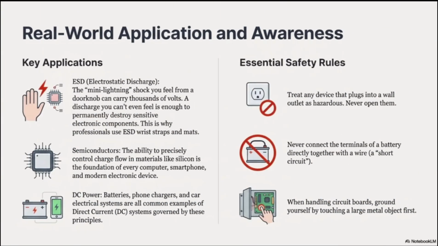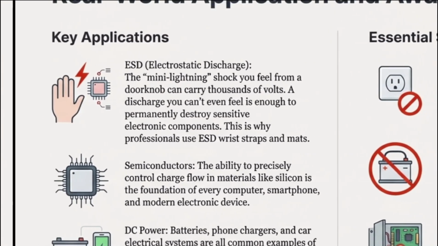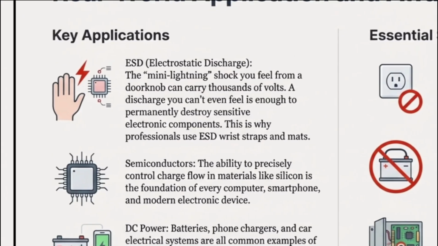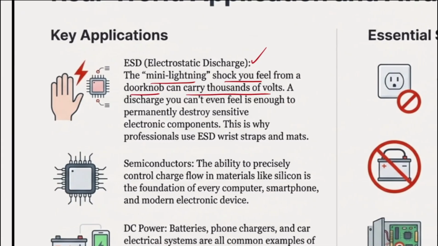Let's talk about a real-world application and some awareness. The key application is what we call electrostatic discharge. What does that mean? The mini lightning shock you feel from a doorknob can carry thousands of volts. I believe you've all seen that.